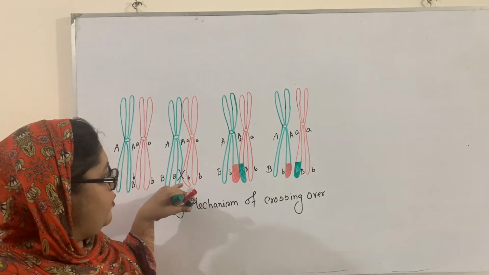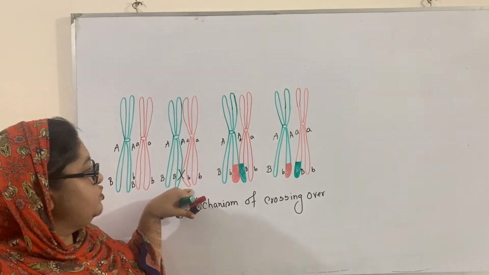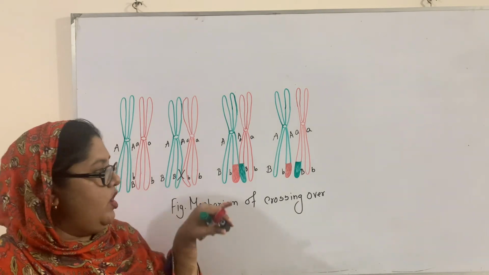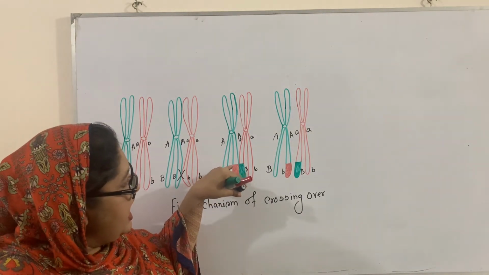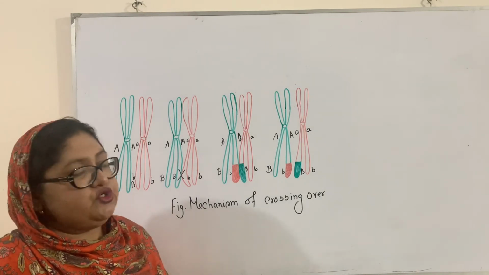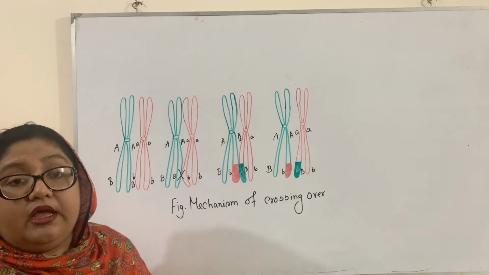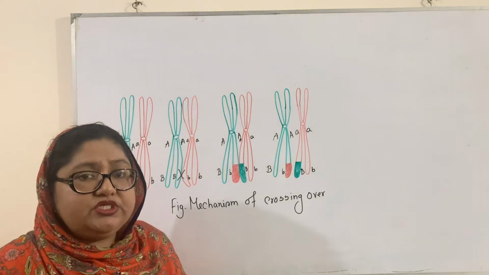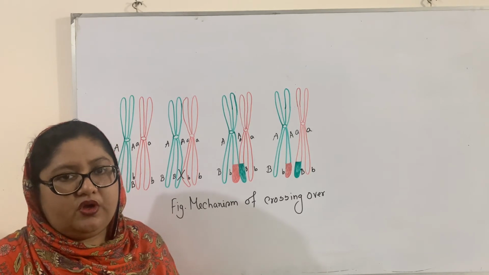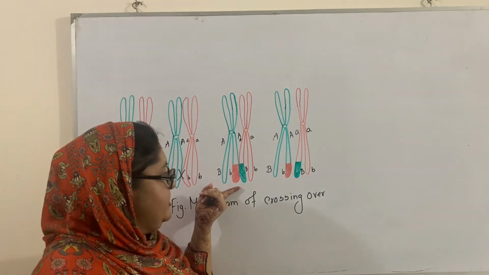At the point of chiasma, the two non-sister chromatids form a loop. At the point of chiasma, they exchange their parts due to extreme repulsion force. And what happened next?